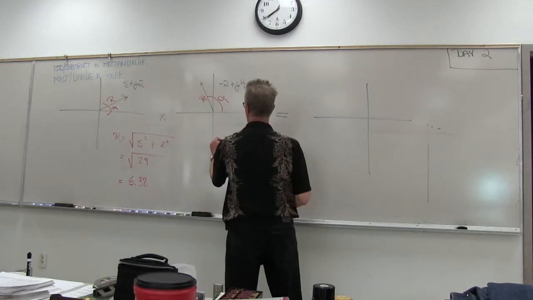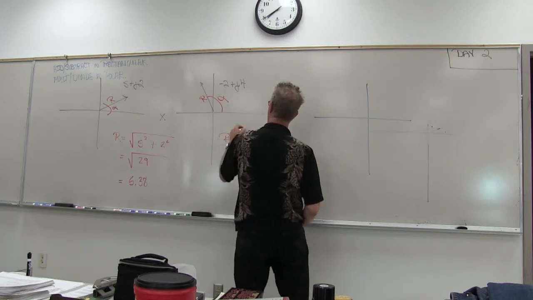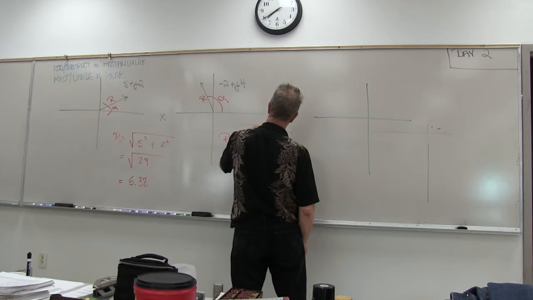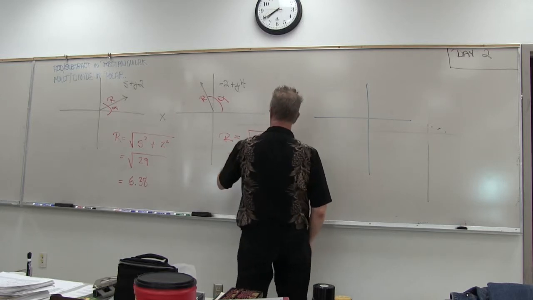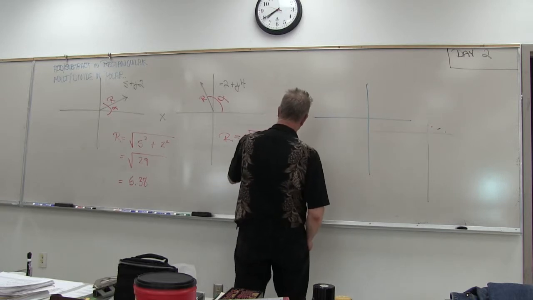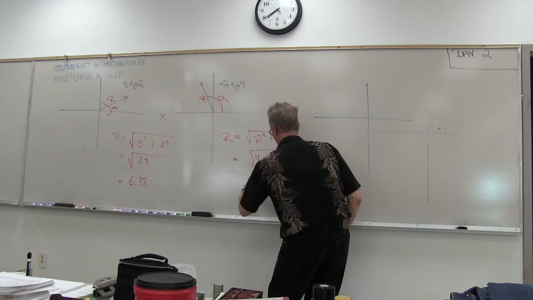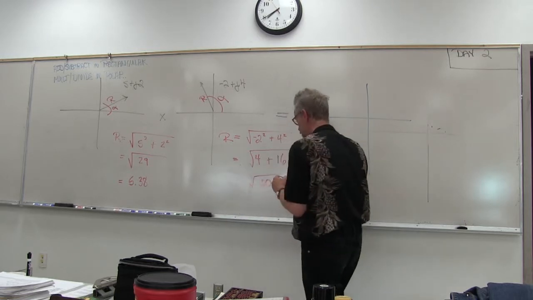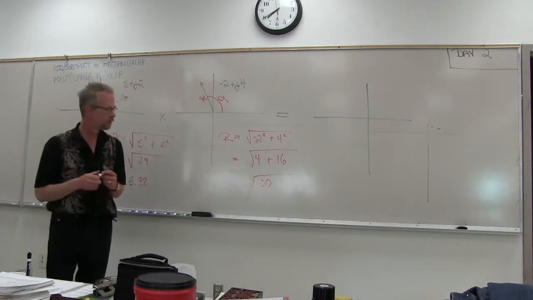Okay, over here, r is equal to the square root of negative 2 squared plus 4 squared. And that equals the square root of 4 plus 16, or the square root of 20. 4.47.